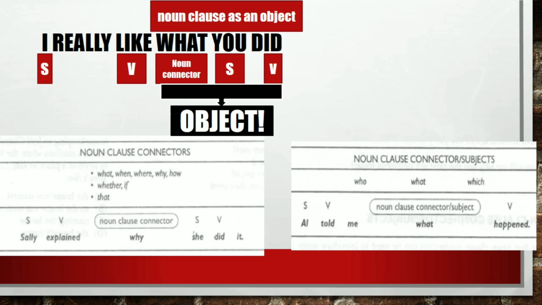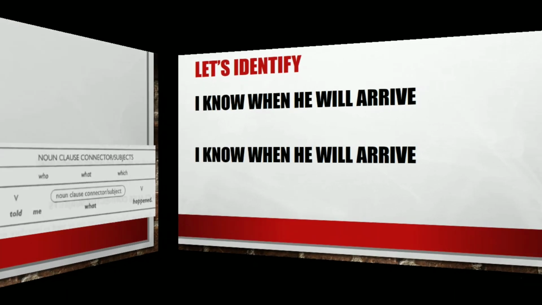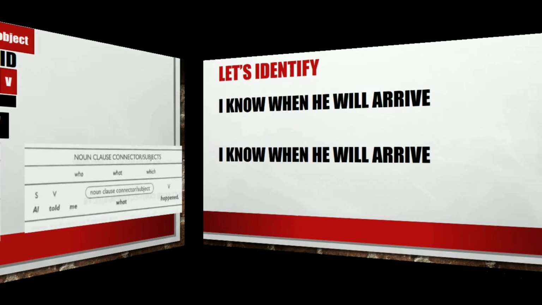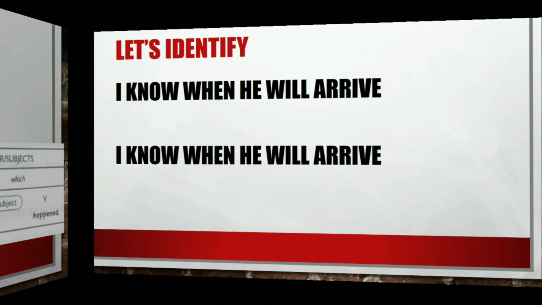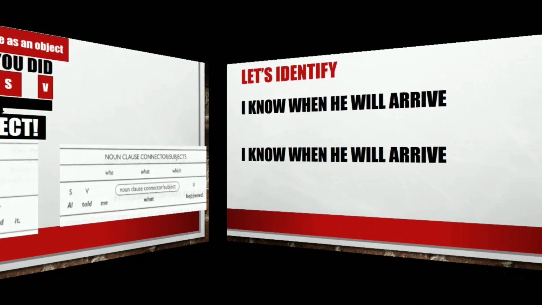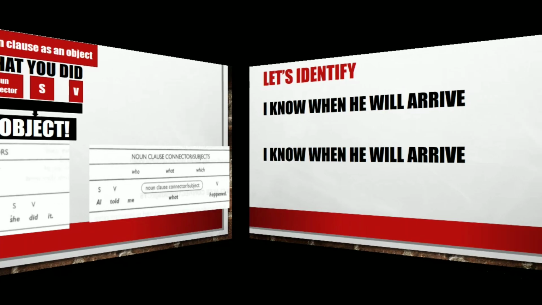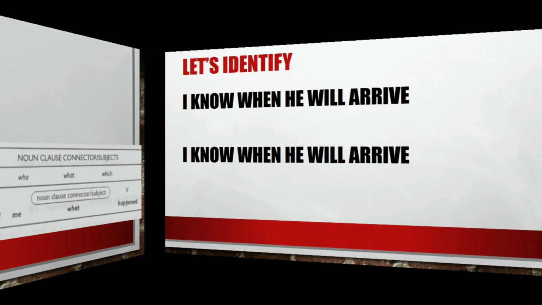Okay, my friends, to build your comprehension about noun clause, let's identify some other sentences. First, I know when he will arrive. For you who don't know the concept of noun clause, pasti berpikirnya ini adalah kalimat yang salah. Double subject katanya. Ada I, ada he.